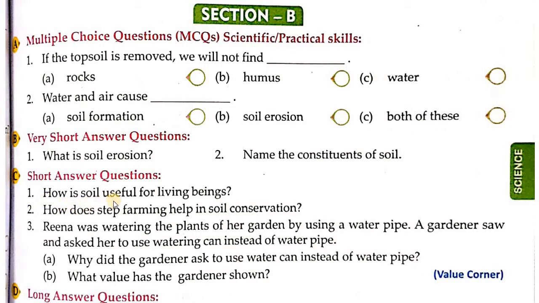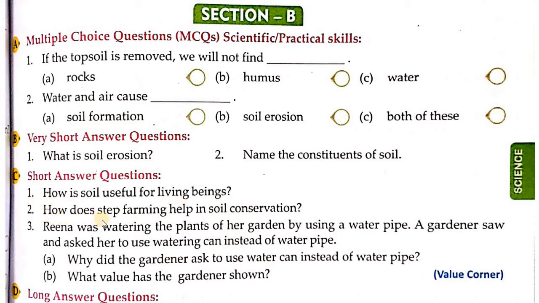Question 1. How is soil useful for living beings? Humans depend indirectly on soil for their basic needs like food, clothes, medicines, water, and shelter. Correct? In page 141.